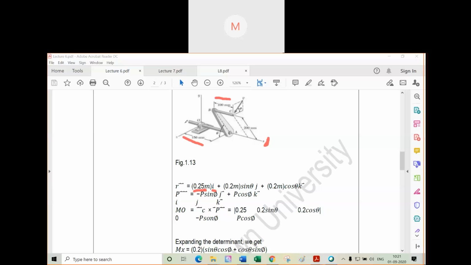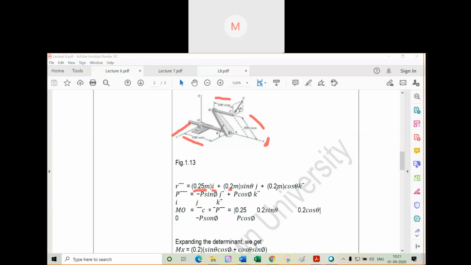Okay. Similarly on this side, here it is how much? This distance is 200 mm. So it is 0.2 meter.